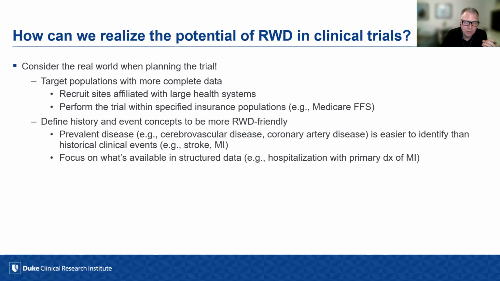And you really need to understand, which a lot of the clinicians at Duke hadn't if they'd not worked with these data, you have to think about what's available in structured data, right? Or easily obtainable for research, and write your concepts for history and events that way.